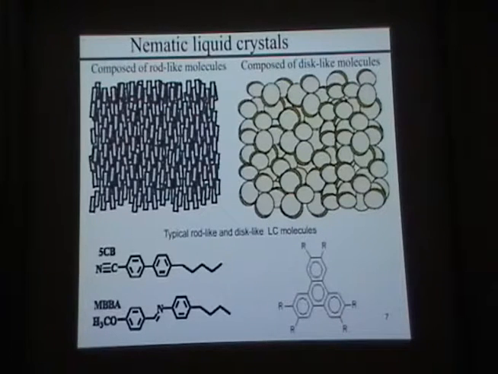Well, what you see is that the cylindrical molecules here simply align, on average parallel, with respect to each other, while they are able to move with respect to each other, and that's why the material flows, so there is no positional ordering. In the case of the disc-shaped molecules, simply the normals to those coins align in the same direction, which would be vertical with respect to the screen, and again, you have orientational ordering only.